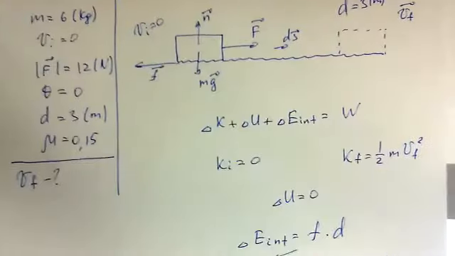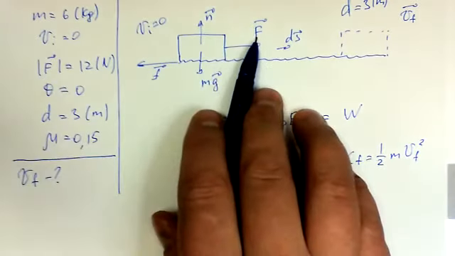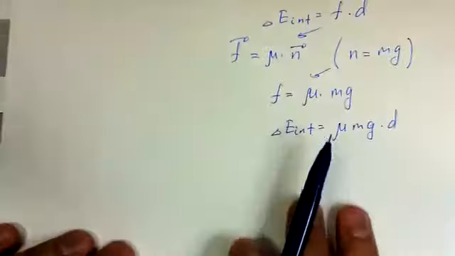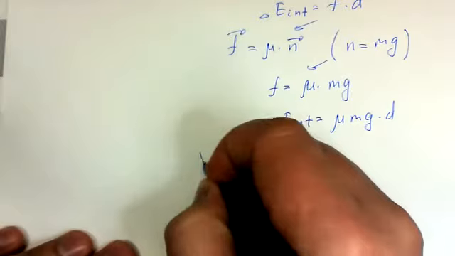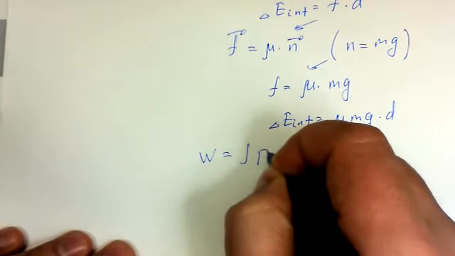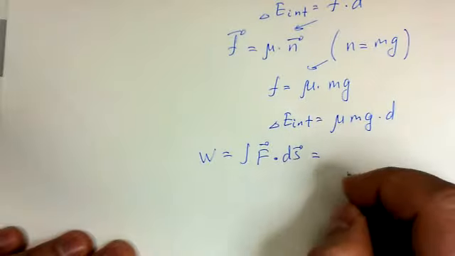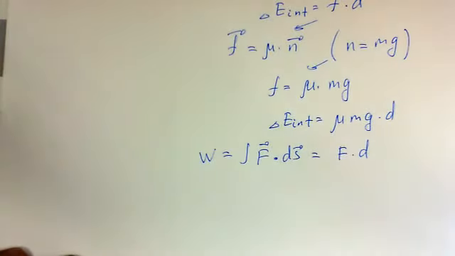And now let's analyze work again. And work here, since the applied force and the displacement vector are parallel to each other, work equals F dot product ds. So that would be just F times d. Agree?